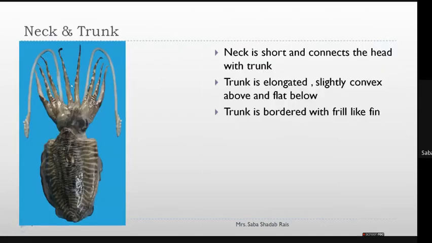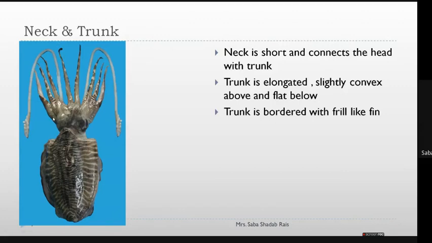The third pair of arms is lateral, and the fourth pair, which is the tentacles, is posterior lateral, and the fifth pair is posterior, present on the behind side.